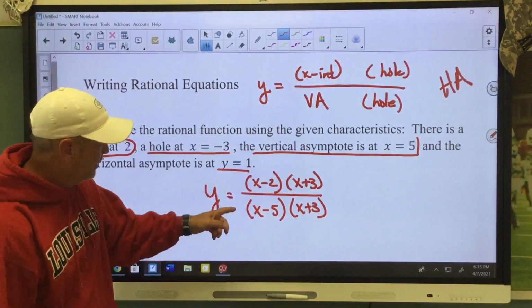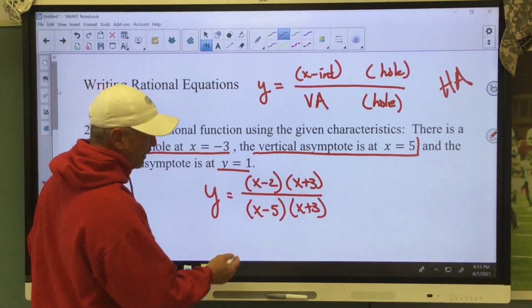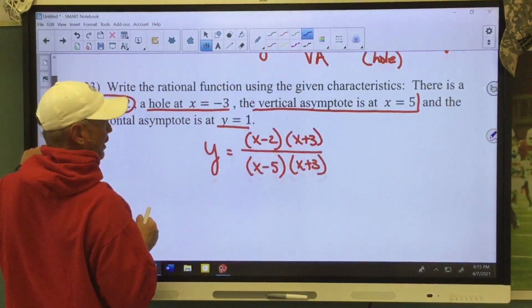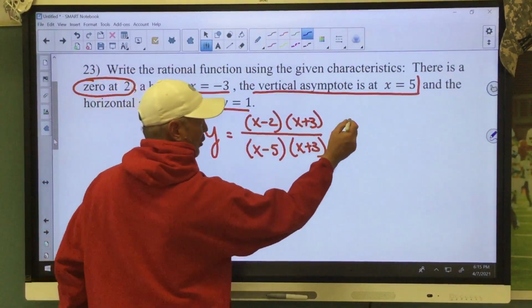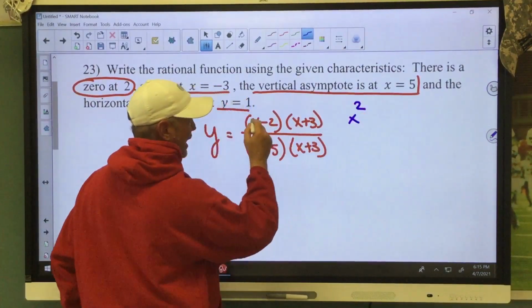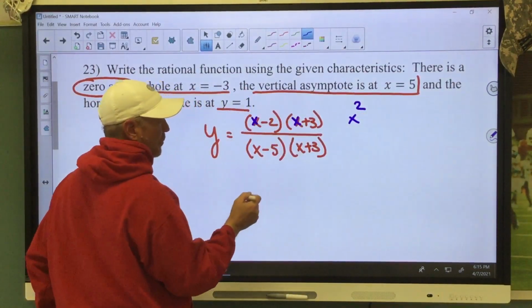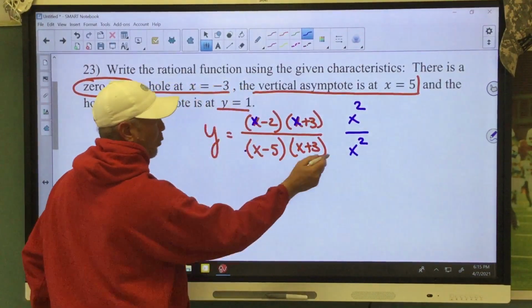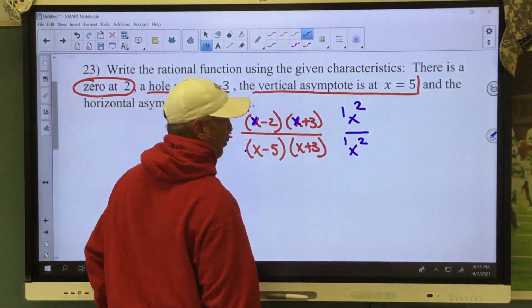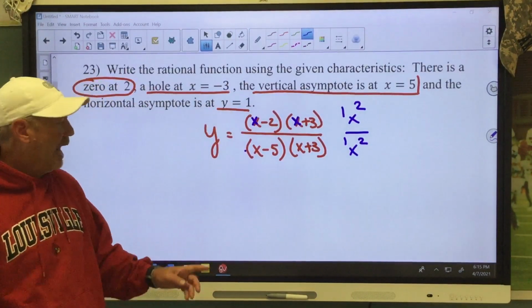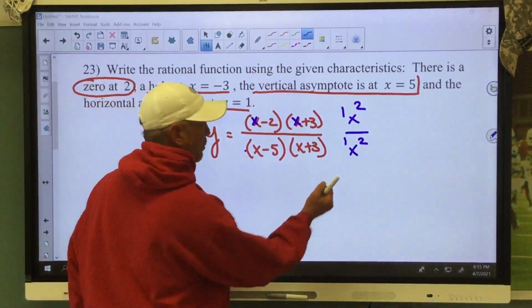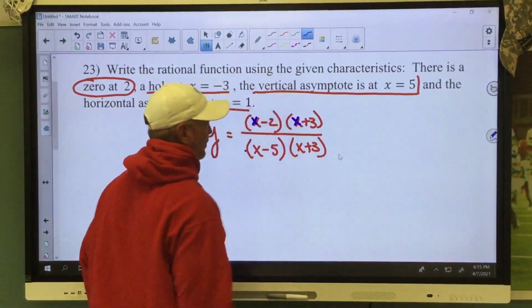So in this case, if you really wanted to look at it, you're looking at x squared, because x times x is x squared, but you're going to have a 1 in front, so 1 divided by 1 is 1. I don't need to make any changes to this. This would be my equation.